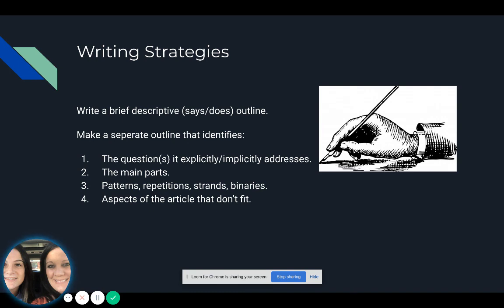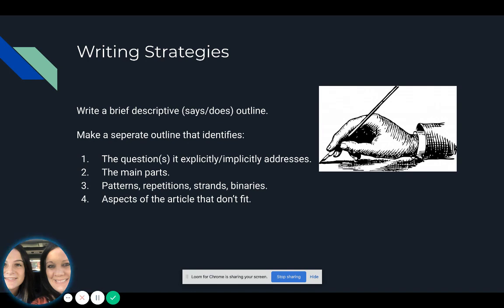The next thing that you want to do is look at the main parts of the text. That could just be doing your basic thing that you learned in freshman English by looking at captions and headings and titles. So looking for the main parts of what is going on in the article. The next one is to look at patterns. Patterns can be various things such as repetitions, what is being repeated in the text.